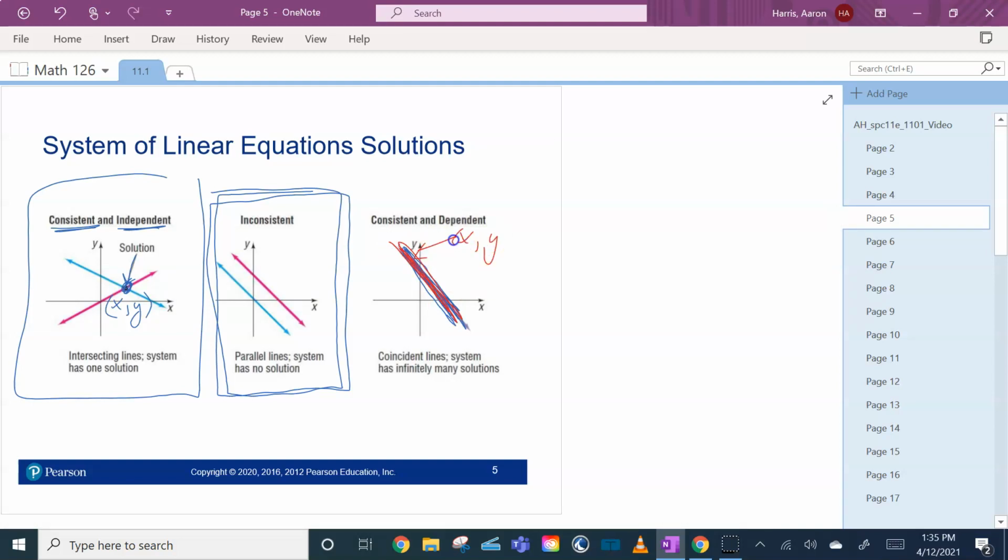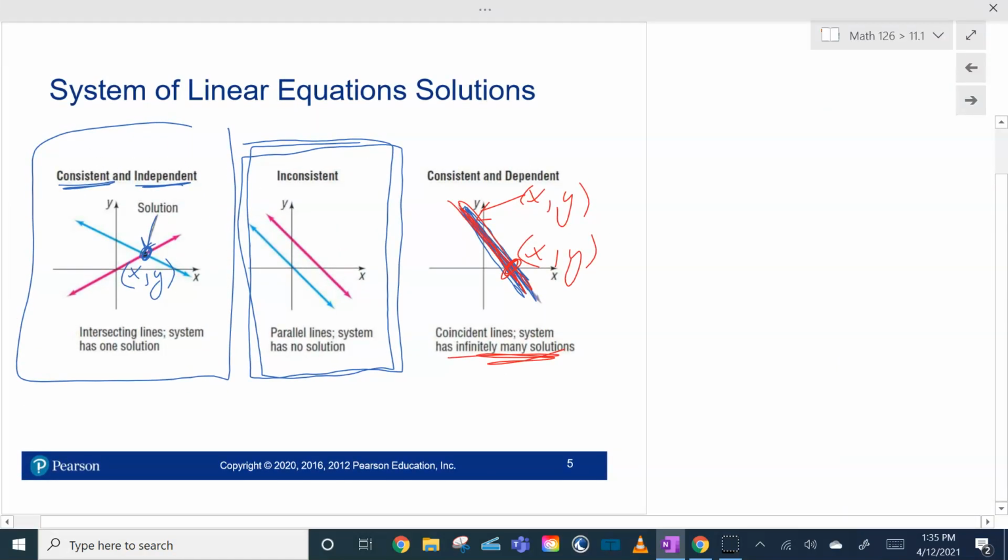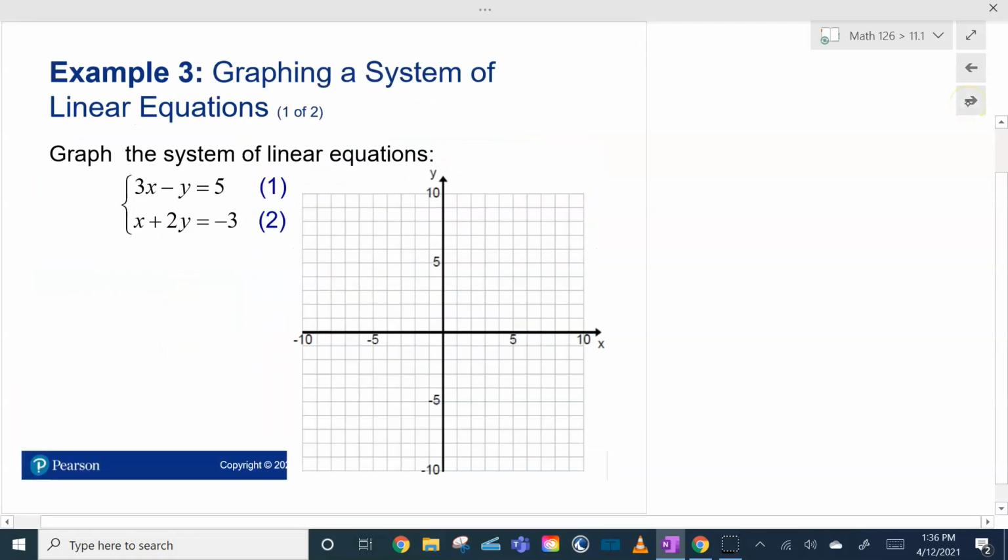There's an xy value that satisfies both. Here's another xy that satisfies both. There are infinitely many points because they cross at an infinite amount of points, because they're the exact same line. So that's called consistent and dependent. In other words, the solution depends on the xy. There's a bunch of xy's that could satisfy both equations because they're the same equation. All right, I kind of overkilled that.